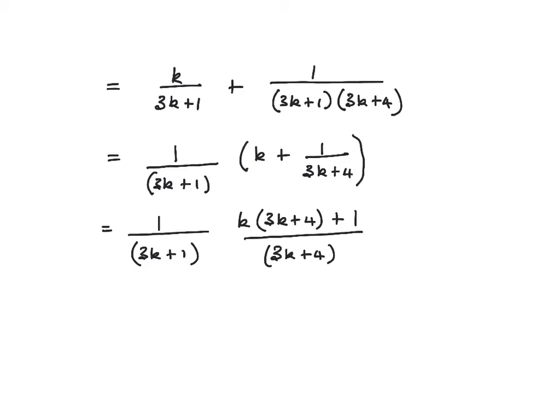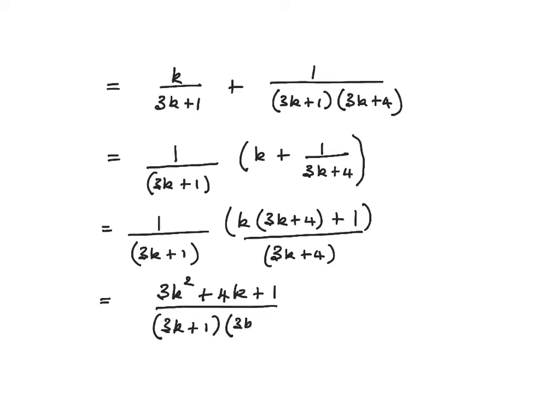Now just put a bracket around this top line. I can now take out, well, let me just simplify the top line. So it's 3k squared plus 4k plus 1. And on the bottom line I have 3k plus 1, 3k plus 4. The top line can factorise.